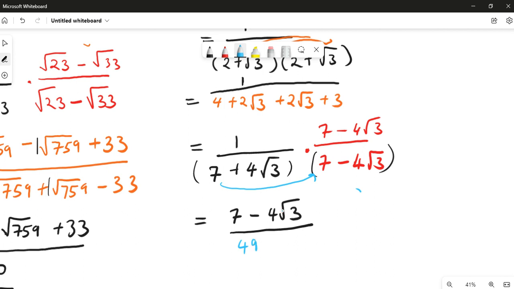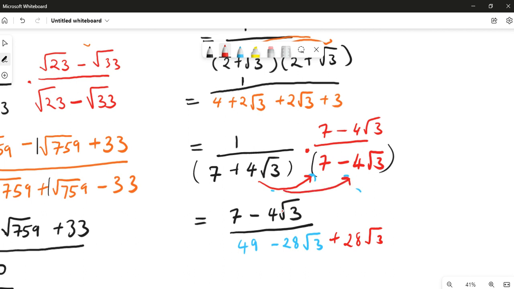7 times 7 gives us 49. 7 times negative 4 square root of 3 gives us negative 28 square root of 3. We say 4 square root of 3 times 7 gives us 28 square root of 3.